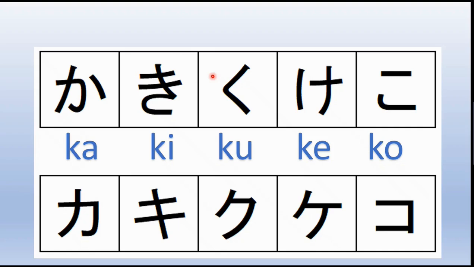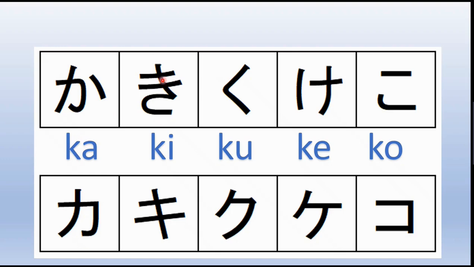The next line in the alphabet system, or the sound system, is ka, ki, ku, ke, ko. This line represents the hiragana alphabets ka, ki, ku, ke, ko, and this line represents the katakana ones. As you can clearly see, the ka alphabet is almost the same in hiragana and katakana. There is strong resemblance.